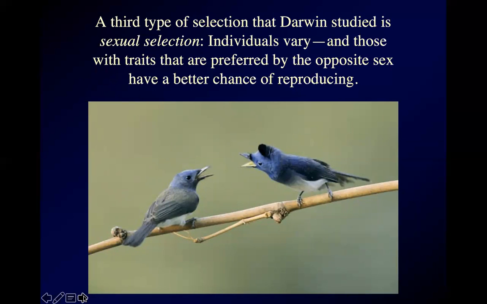Female birds might pick males with brighter feathers or louder songs. It can actually work either way. Either sex can select traits in the other. And those that have traits that are preferred by the opposite sex have a better chance of reproducing. So that would be sexual selection.